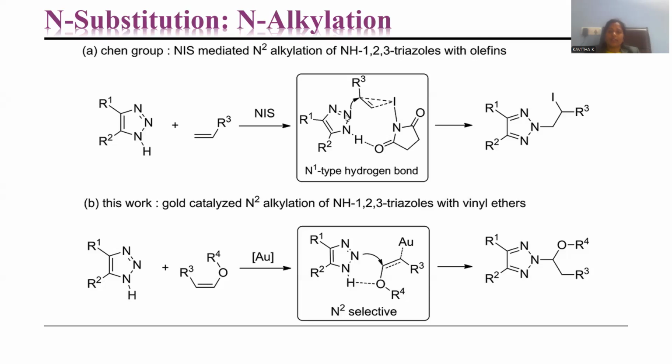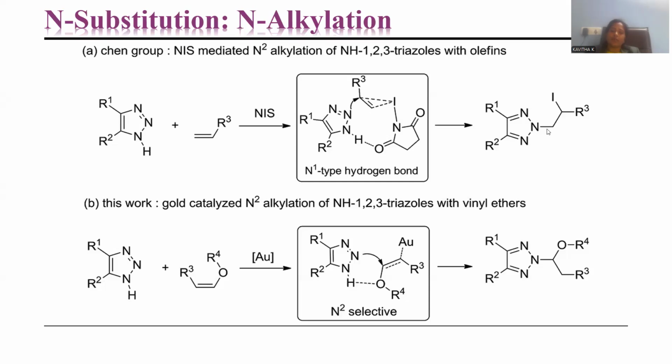At the same time, nitrogen from this triazole takes part in the reaction with this carbon atom. One edge of the olefinic carbon is binding with this iodo, and another edge of the carbon will bind with the nitrogen. So what happens?